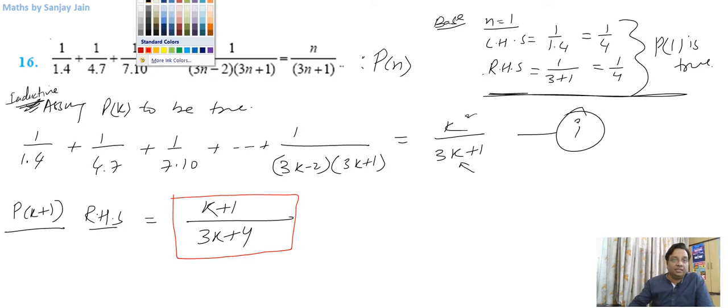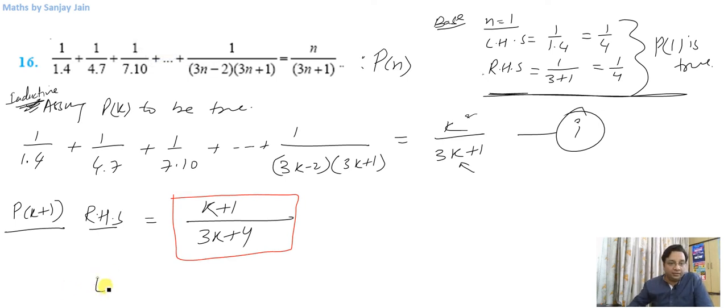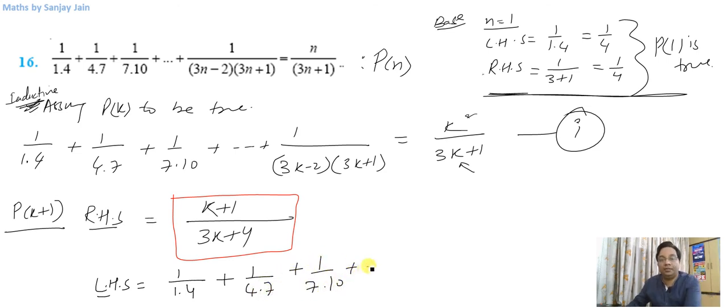And what is the left hand side of p of k plus 1? It will be equal to 1 upon 1 into 4 plus 1 upon 4 into 7 plus 1 upon 7 into 10 plus and so on, 1 upon 3k minus 2, 3k plus 1. What will be the next term?